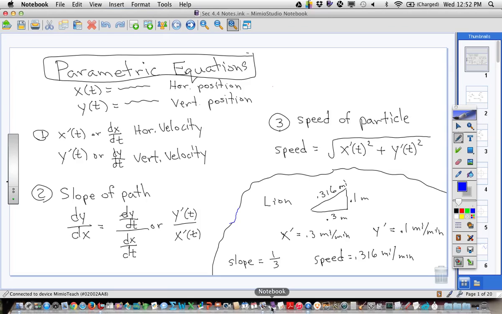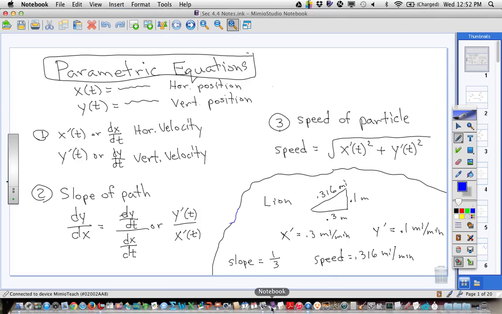So we're breaking this up. So if I've got an x equation, which is the horizontal position, and a y equation, which is the vertical position, then x prime would be my horizontal velocity, and y prime would be my vertical velocity. So when would my car actually be stopped? When they're both 0, right? If your horizontal movement has stopped and your vertical movement is stopped, then you're stopped, right?